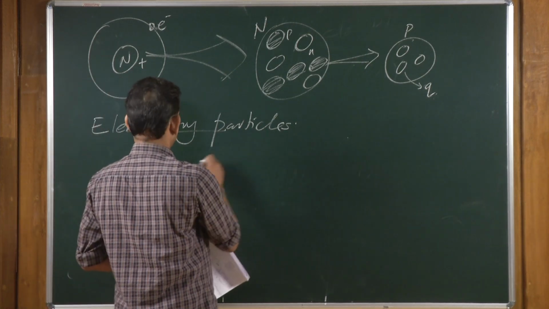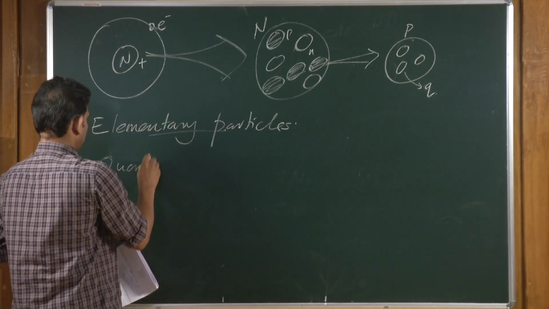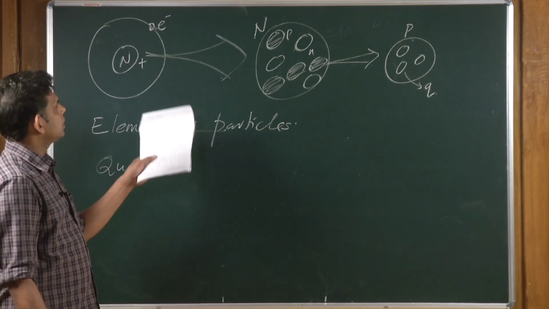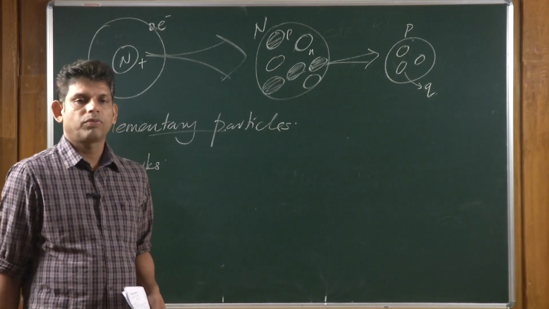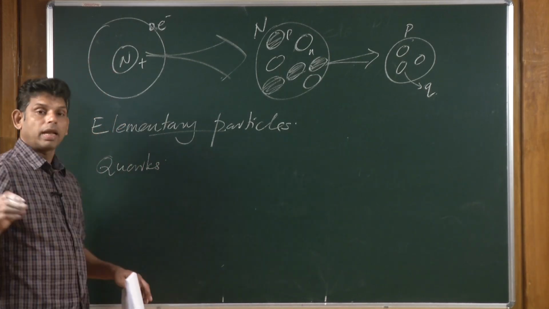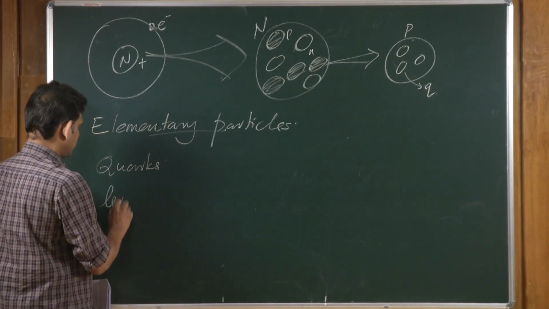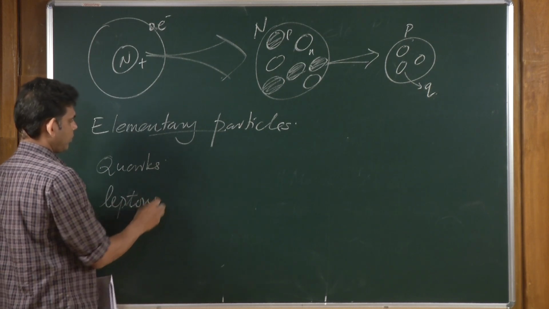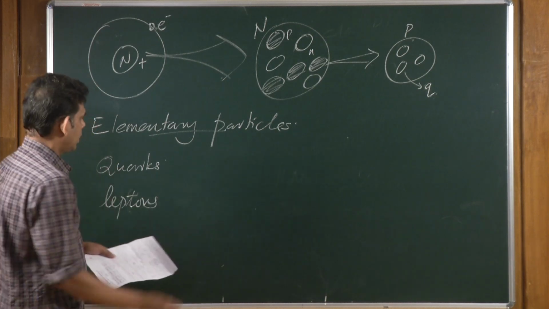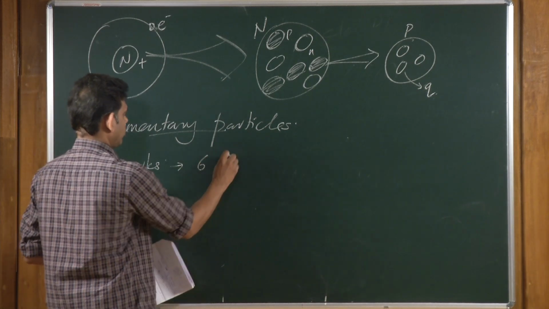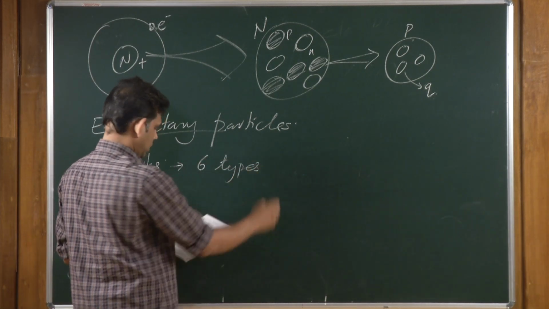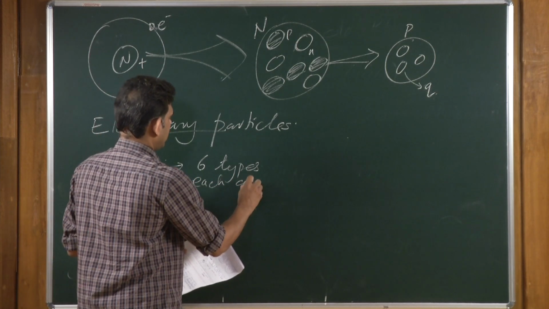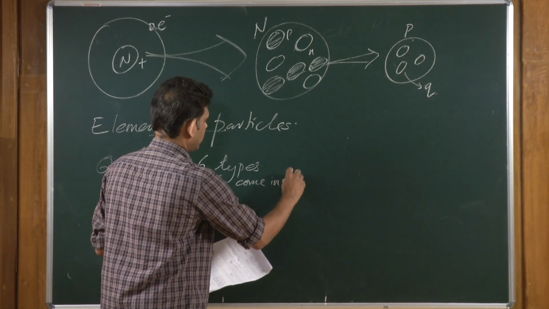So, quarks, and there is another type, like electrons, which are called leptons. So, quarks and leptons. There are 6 different types of quarks and each of these comes in 3 different varieties.